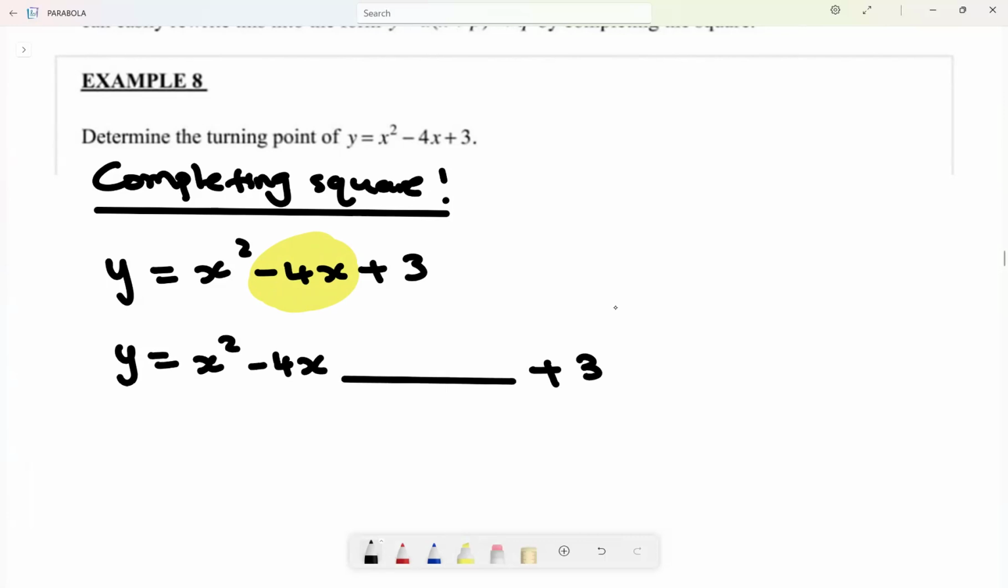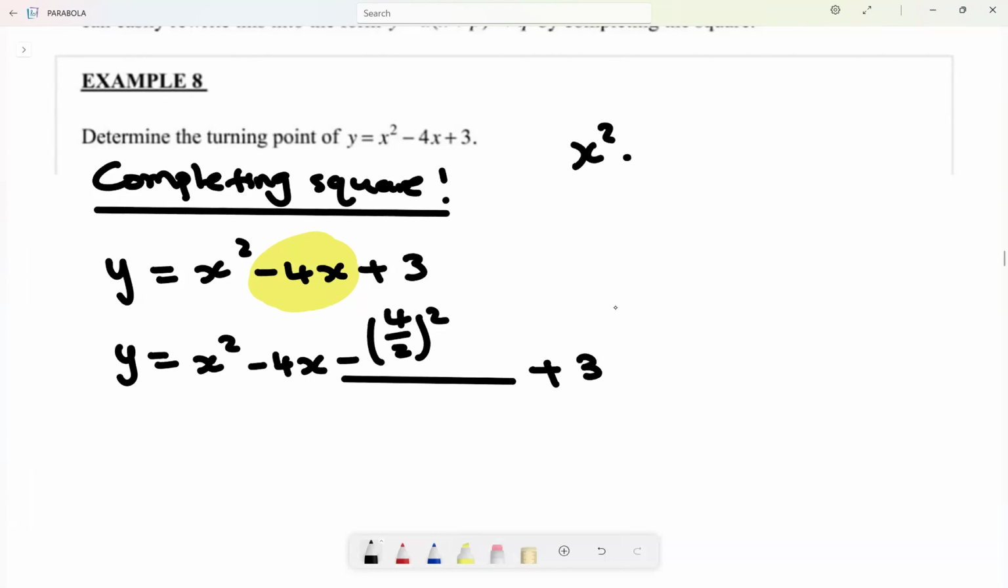In the space that I'm going to leave here, I'm going to take this coefficient of x, which is minus 4, divide it by 2 and then square it. Okay, what is the coefficient of x? It is 4 divided by 2, and then I need to square it. But can you see I'm introducing a new term?